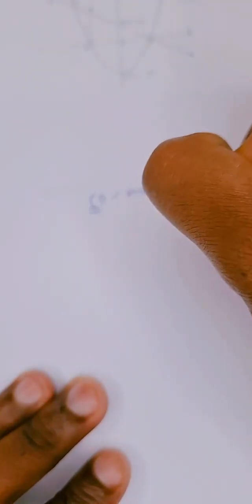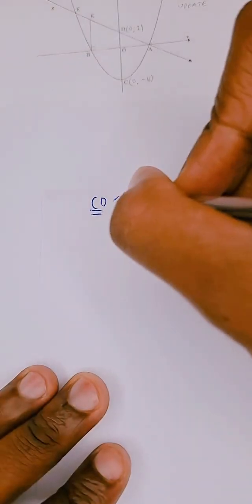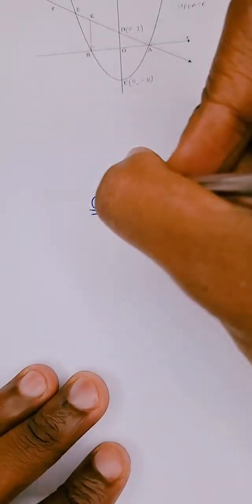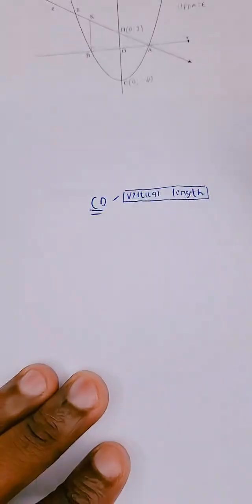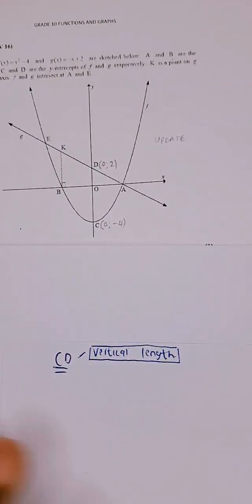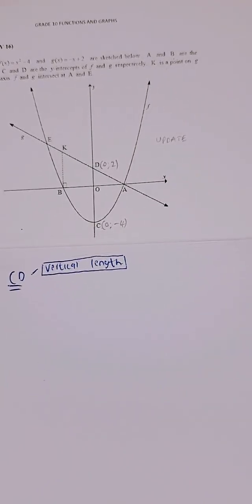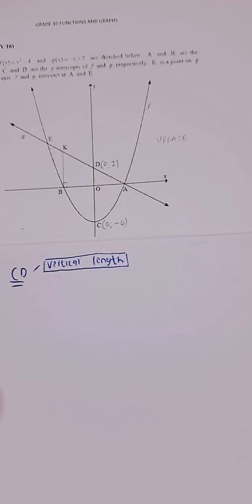Now, CD is a vertical length. This is a vertical length from top to bottom. We are trying to get the length of CD. That's what they want. They want us to find the length of CD.